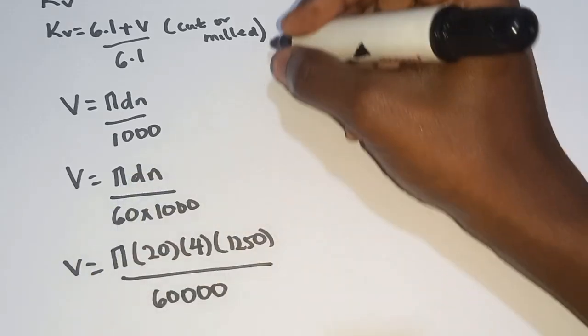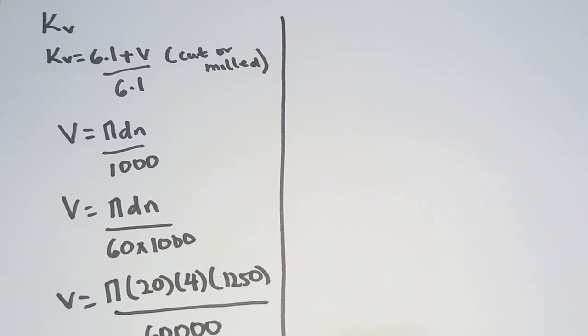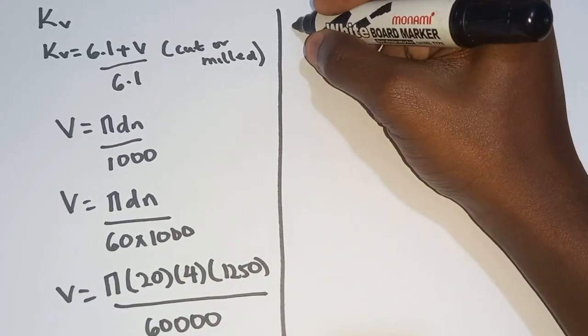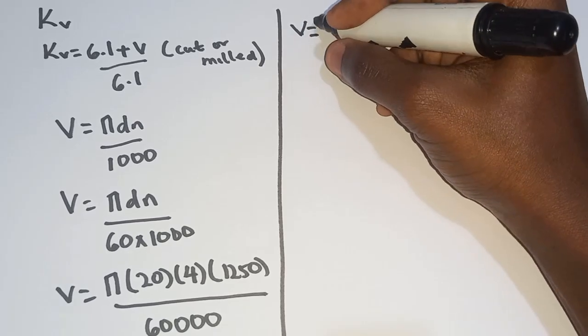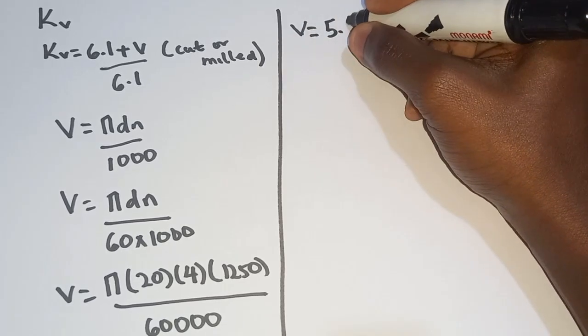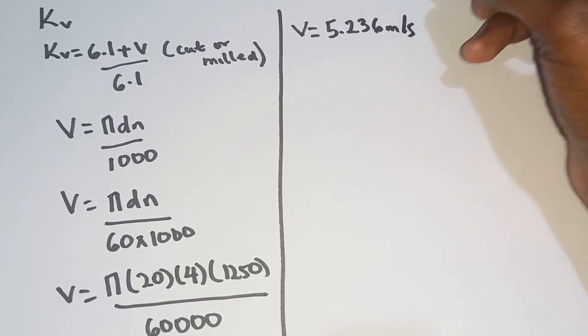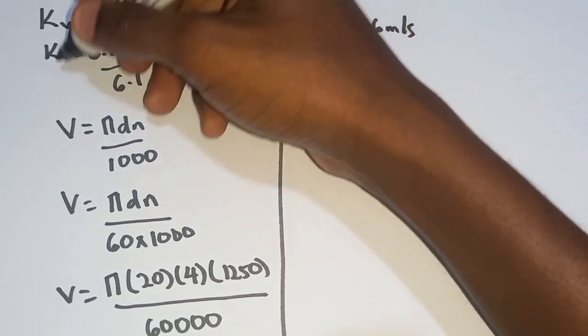So we then have the V. When you punch this on our calculators, we have the velocity to be 5.236 meters per second. But that's not what we are finding for. We are looking for this to find for the kV.